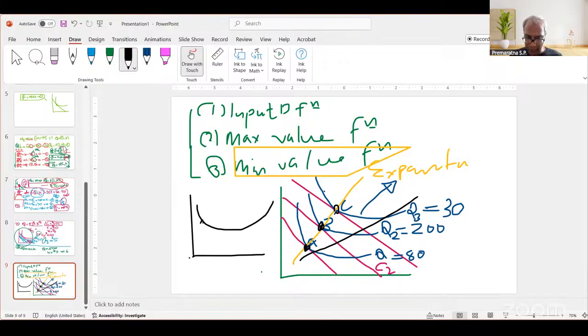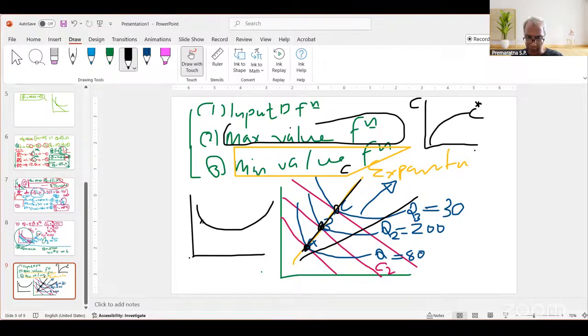What we are going to derive now is the minimum value function, which means along this movement, the minimum value cost function. If you draw cost here, we get the minimum value cost function, but we try to approach it. The maximum value function I will also explain a little bit later.